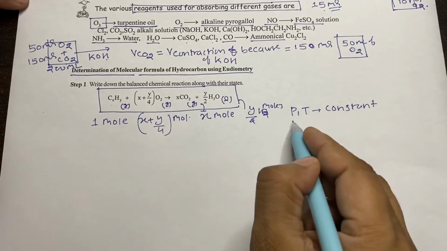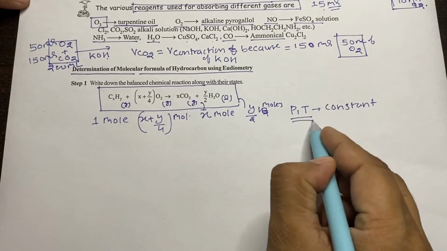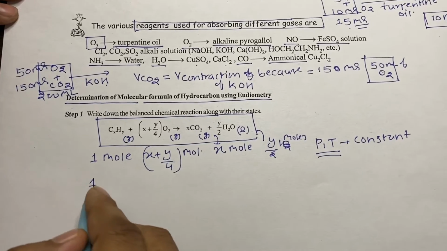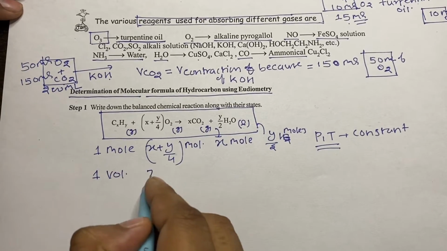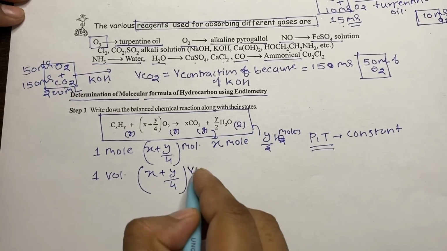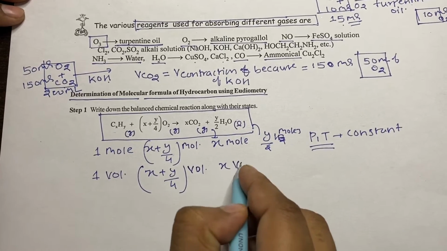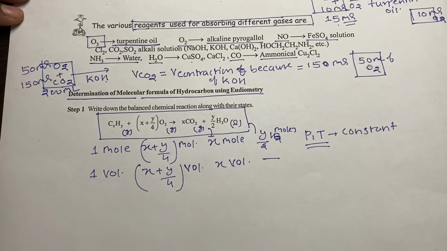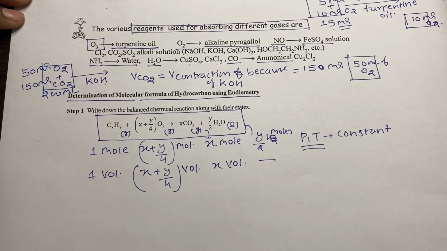Now we will write it under identical conditions of pressure and temperature in the form of a mole ratio. So definitely this will be 1 volume, this will be x plus y/4 volume, this will be x volume, and as I told you, the volume of liquid is considered negligible.